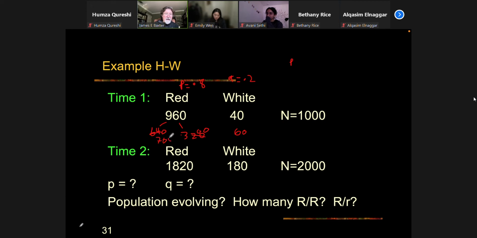But nonetheless, if we had different numbers than what is predicted, even though we know that it should be 0.8, 0.2, it doesn't fit exactly P squared plus 2PQ. In other words, here we have higher numbers of homozygous and lower numbers of heterozygotes than what P squared plus 2PQ plus Q squared would predict, then something's going on here. And we'll come back to that. I'll explain what that pattern shows.